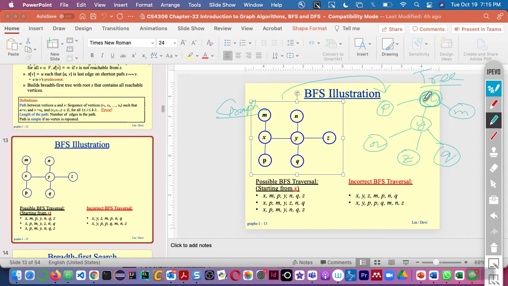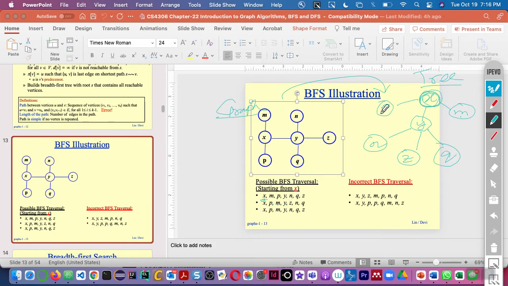Starting from X, consider that this is the base level, the root level. So take X first, and then go to the second level. What is the second level? P, Y, and M, right? And then take P, Y, M.